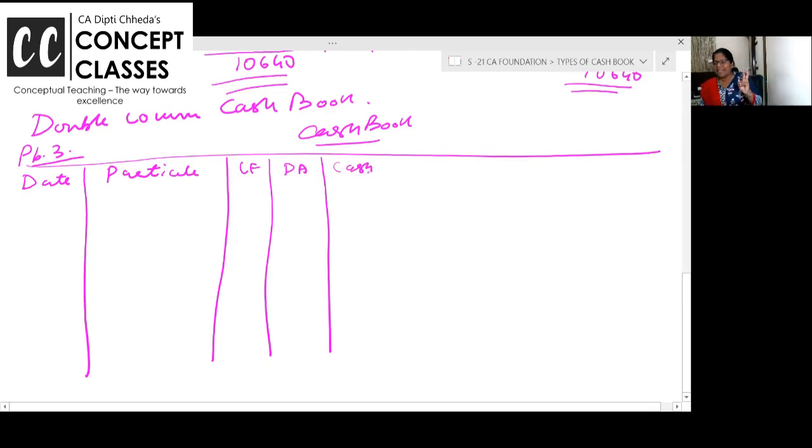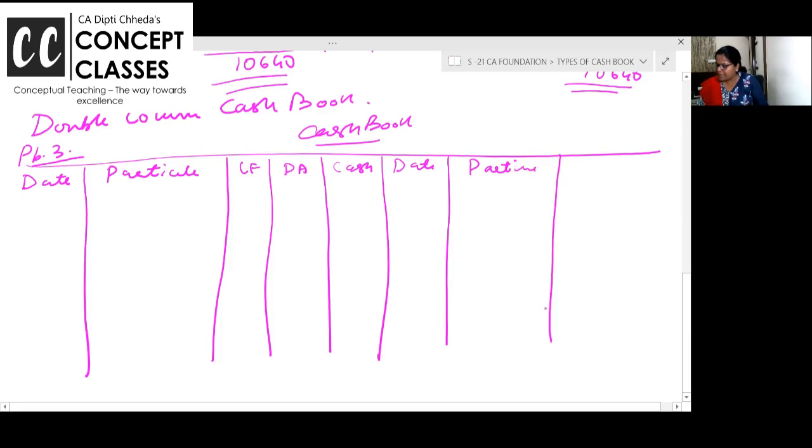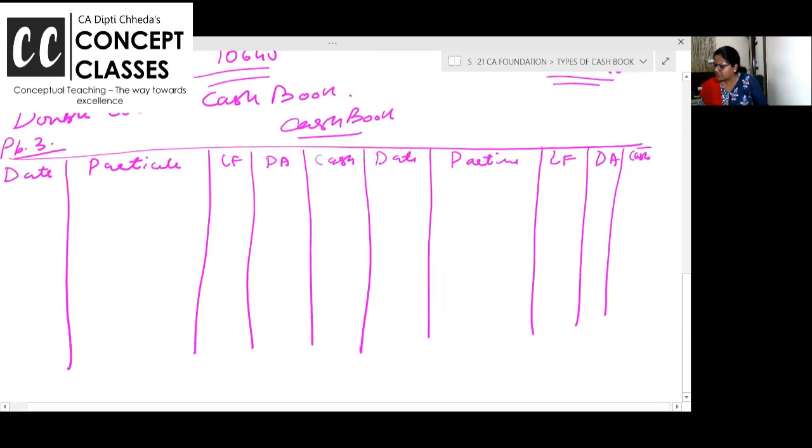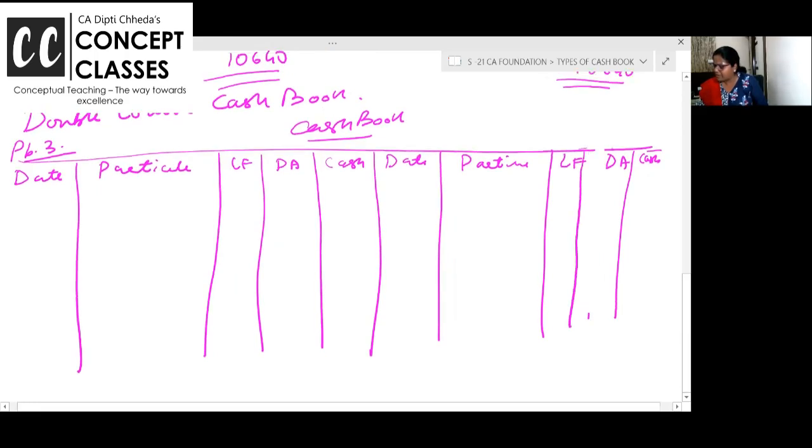I hope you are getting why the name is given as double column, because how many amount columns are there? Double. LF you can make small because it's just a formality. Cash and discount allowed.